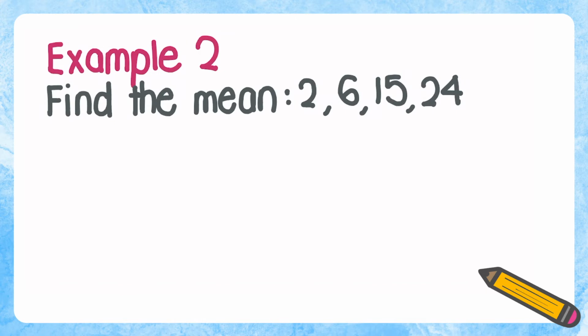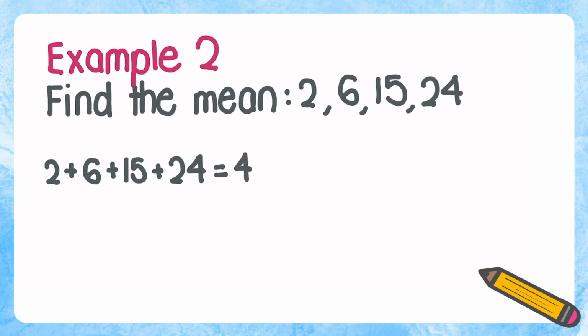We're going to find the mean of 2, 6, 15, and 24. So again, first I'm going to add the numbers up. So 2 plus 6 plus 15 plus 24. And this equals 47.